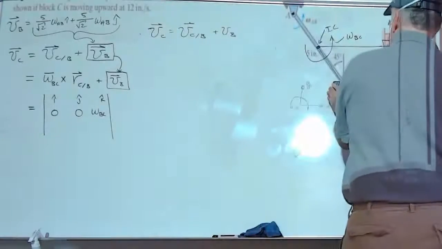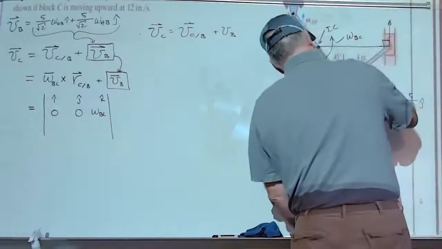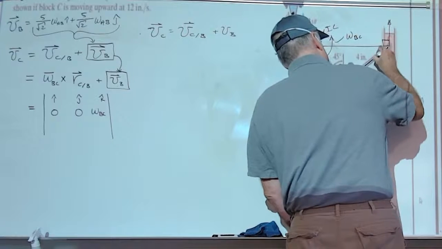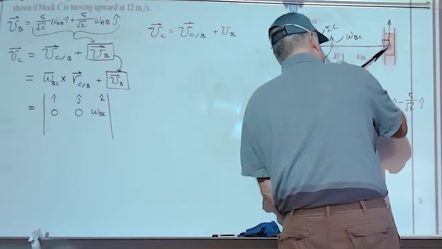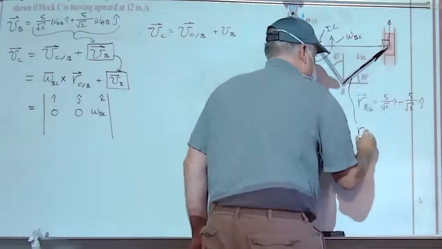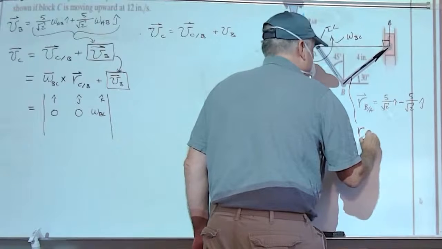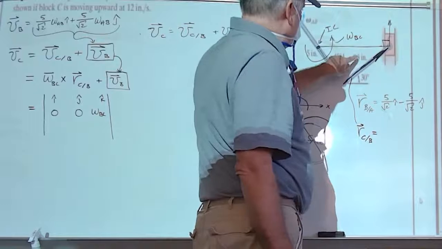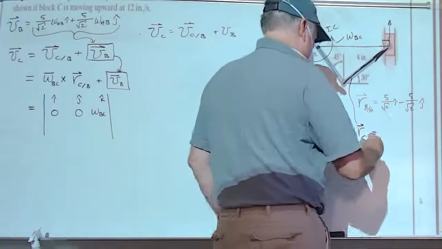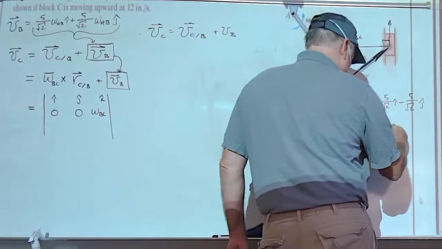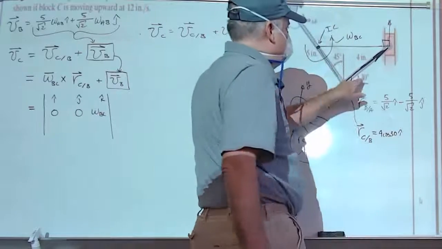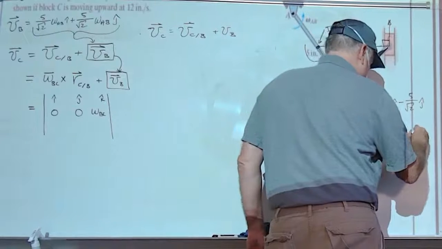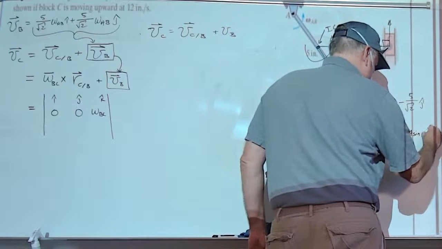So what I've got to do is draw this vector. That vector is R pointing to C, originating from B, and it's nothing more than 4 cosine 30 i plus 4 sine 30 j.